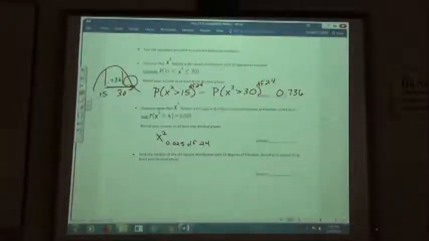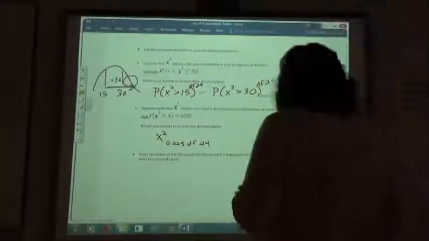Punch that in again. Okay, I use this one. Yep, you use that one. 0.025, degree of freedom 24, equals 39.36. That's what I got. Did you get 39.36? Yep. All right.